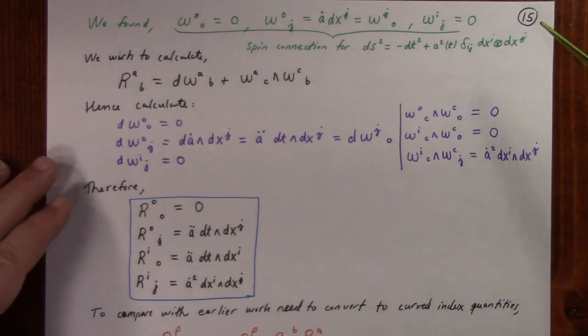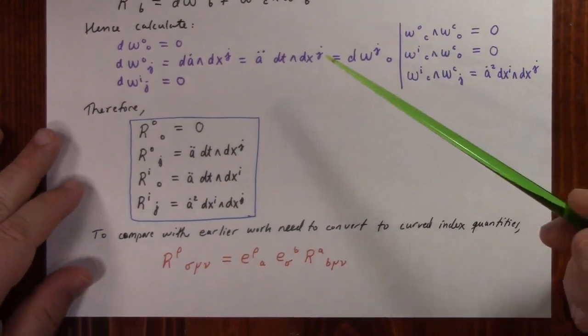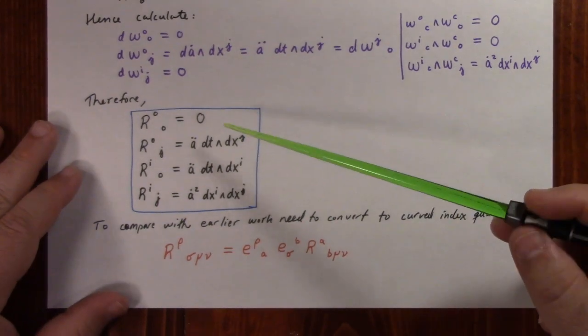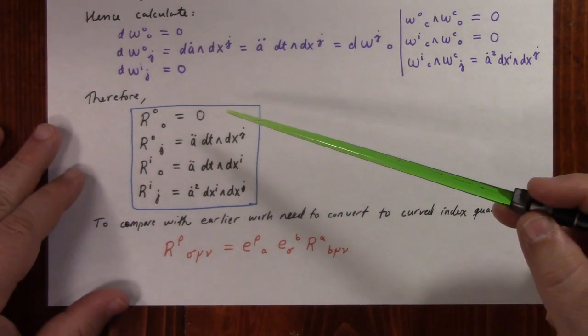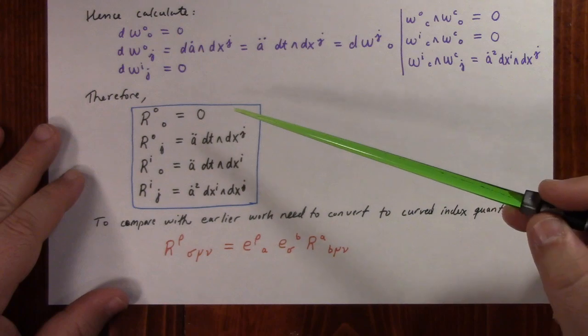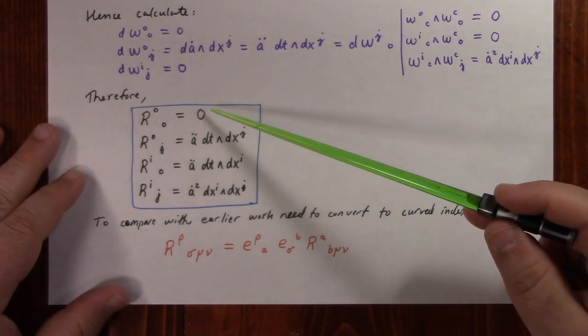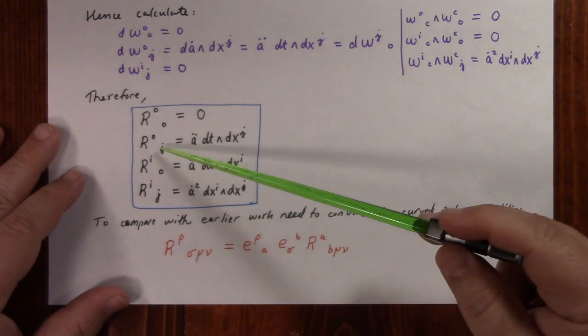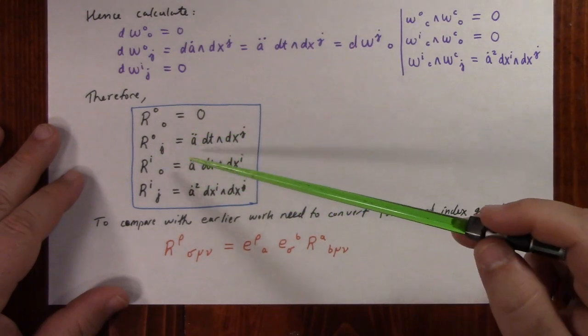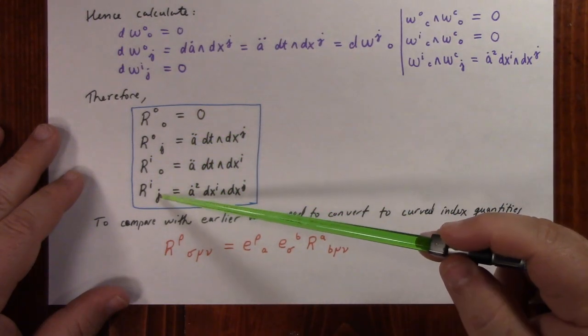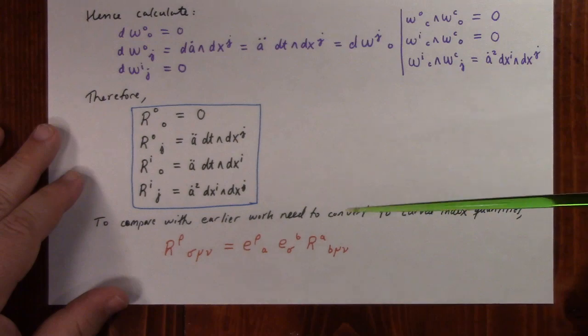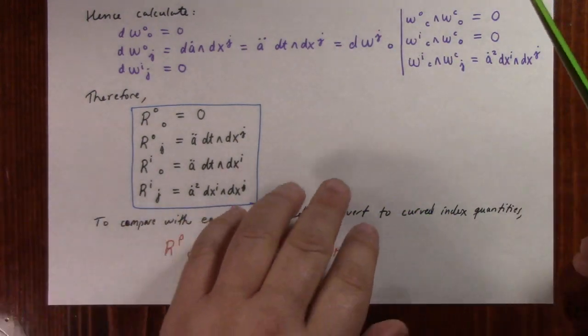Lo and behold, we have derived that the curvature form has the following components in the tetrad frame: 0 for the 00 component, the 0j component is a-double-dot, the i0 component is a-double-dot, and the ij component is just a-dot squared.